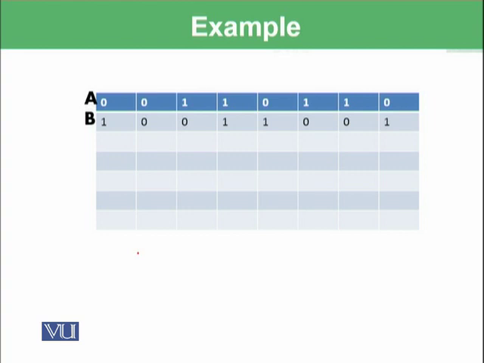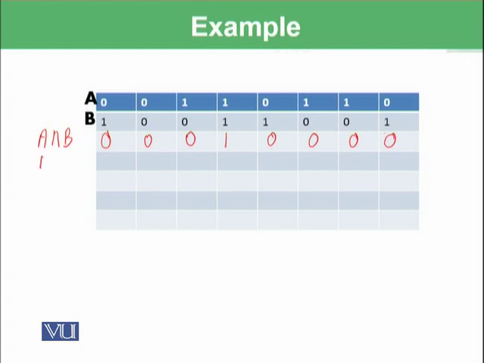If I want to find A AND B, we will put 1 on all those columns where both inputs are 1. So only here are both inputs 1, so we have put 1 here, and all other outputs would remain 0, because in AND we have learned that both inputs should be 1.